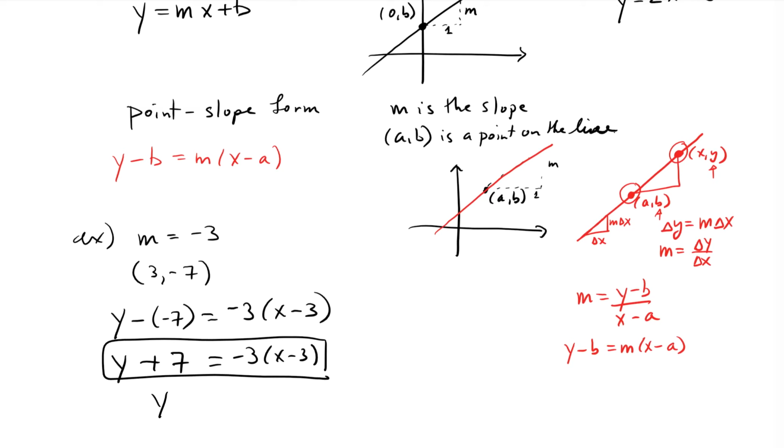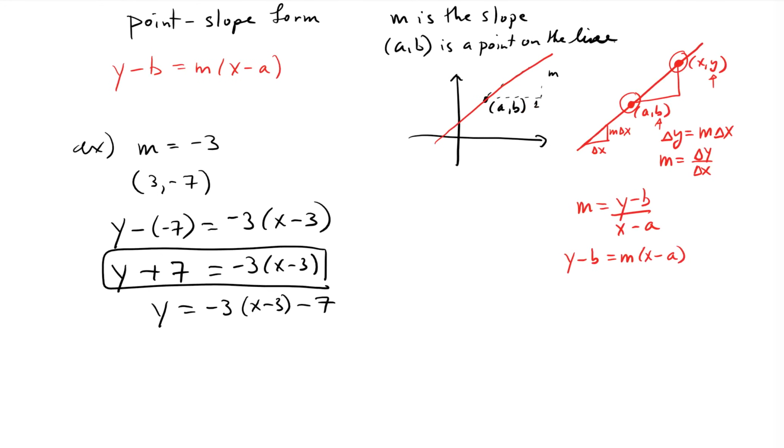There are many ways we can write it down. We can send the 7 to the other side like that. This is equivalent. We can expand it, and then if I expand it, I'm going to be writing it in the form mx plus b. So I'll show you. If I expand it, now it's in slope-intercept form.